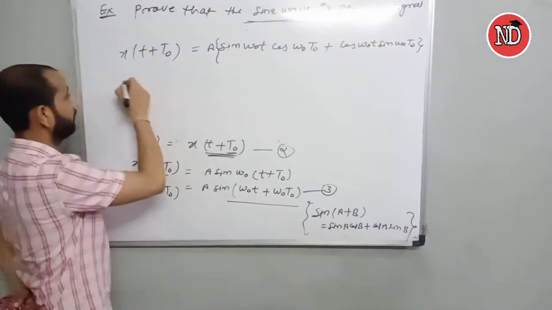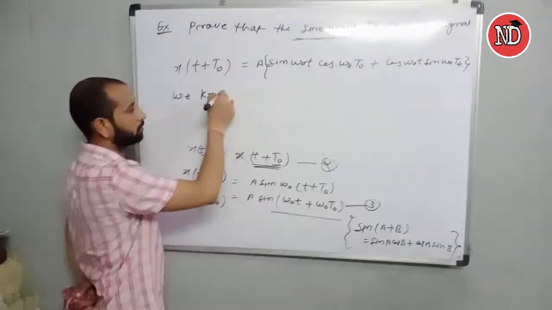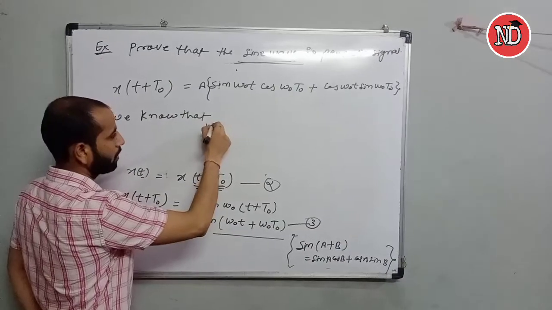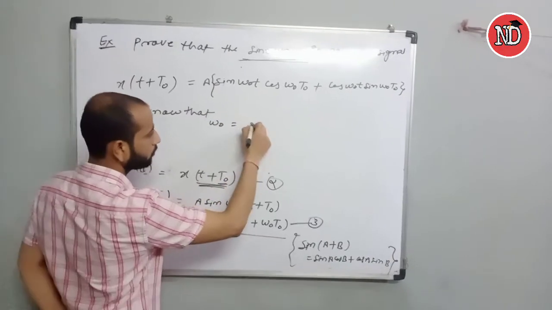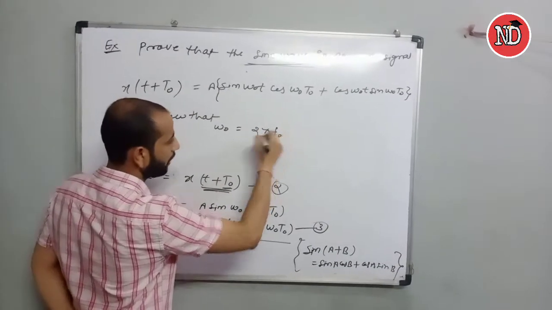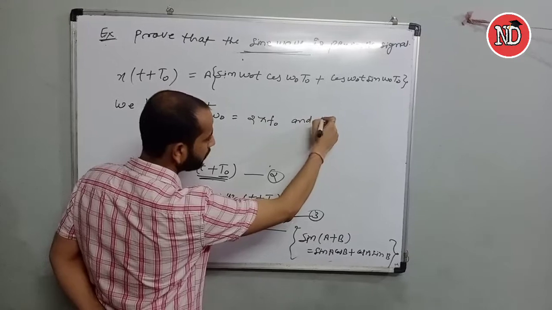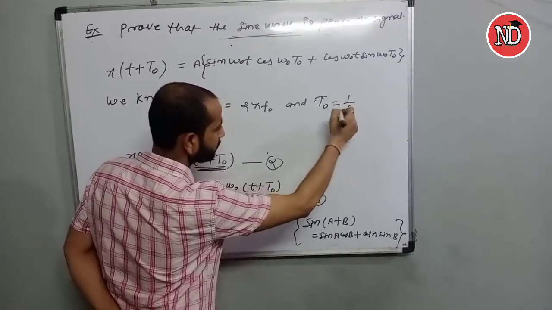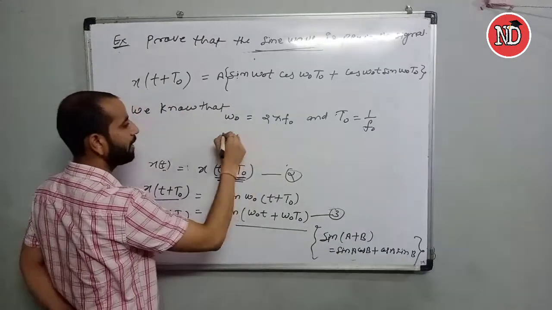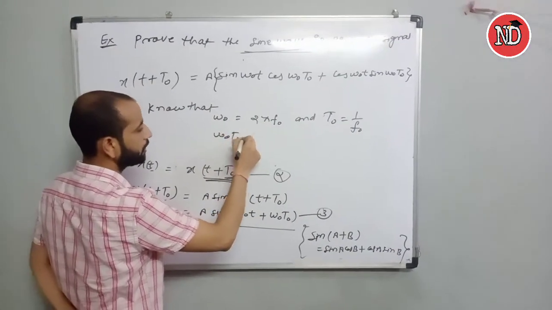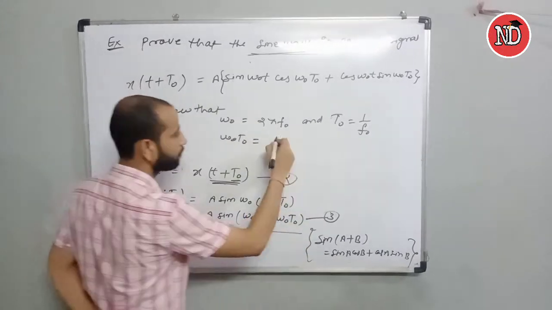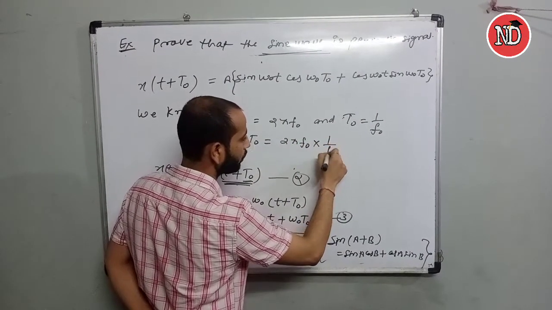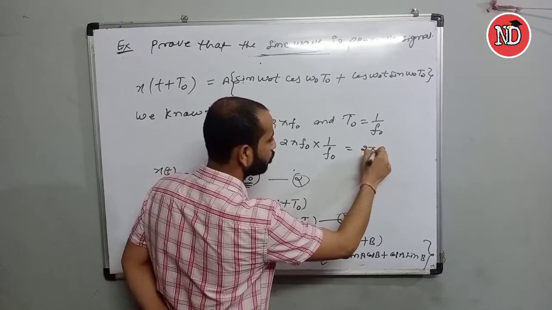Okay, we know that omega 0 is equals to 2 pi f0 and T0 is equals to 1 upon f0. So we have omega 0 T0 is equals to 2 pi f0 into 1 upon f0, that is 2 pi.